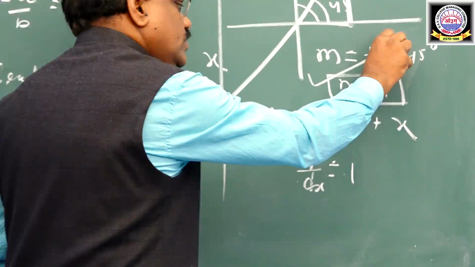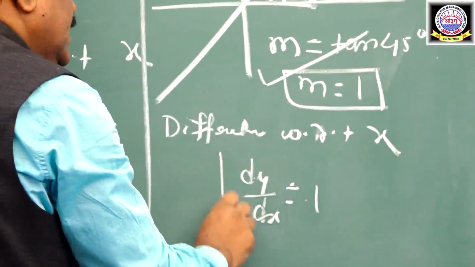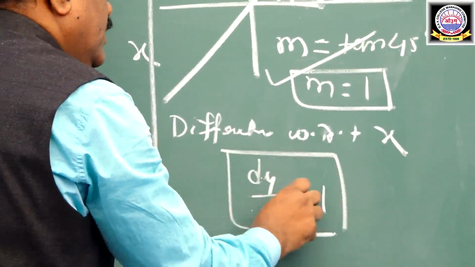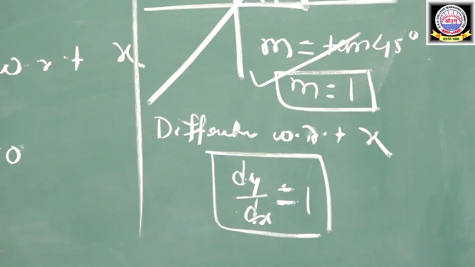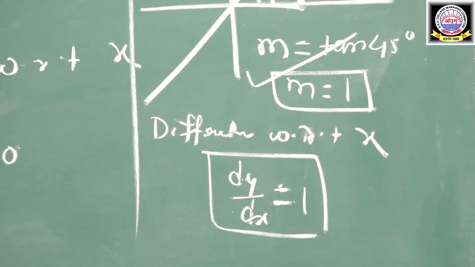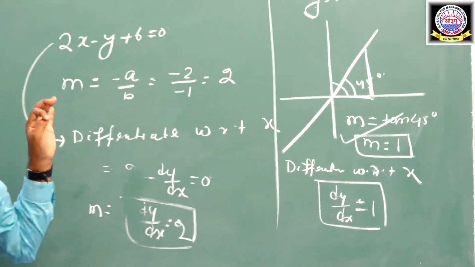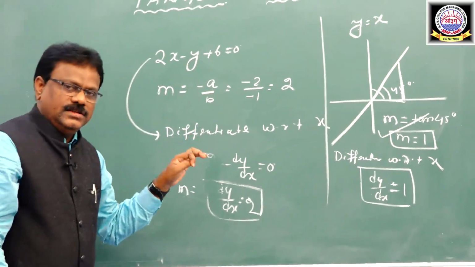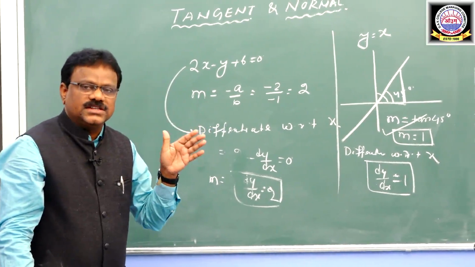Already you got m equal to 1 by using the concept of tan theta, and the same thing you applied in the derivative. You are getting dy by dx equal to 1. So my dear students, by seeing these two examples, it is very clear that the derivative of any function is nothing but the slope of the tangent.